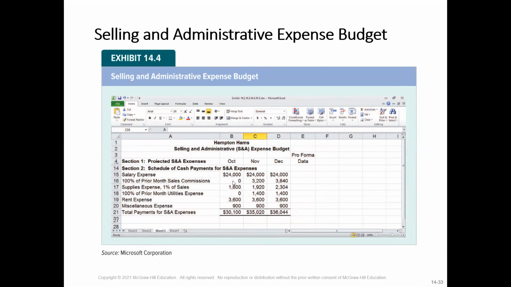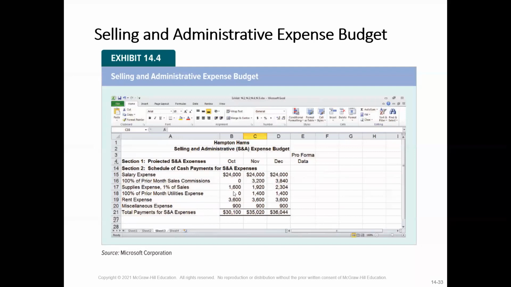So the prior month's sales commissions, October sales commissions won't be paid till November. November sales commissions won't be paid till December. December sales commissions won't be paid till the next year. So those will be payable for the pro forma balance sheet.